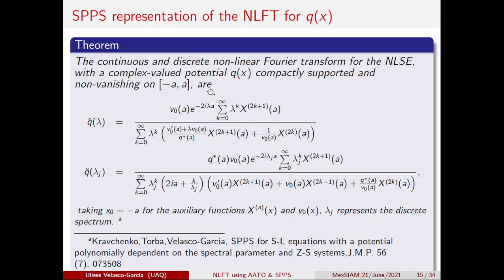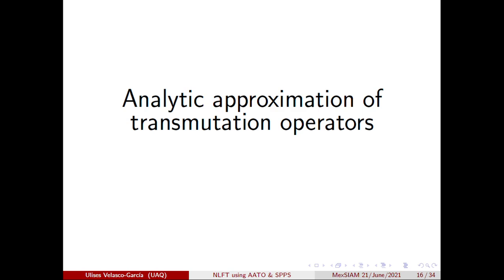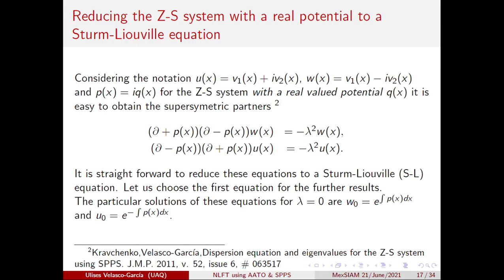The second method I would like to show you is called analytic approximation of transmutation operators. If we consider a Zakharov-Shabat system with a real valued potential, we get these supersymmetric partners, which are Sturm-Liouville equations, and we have a particular solution for lambda equal to 0 of these equations, which is e to the power of minus the integral of x.